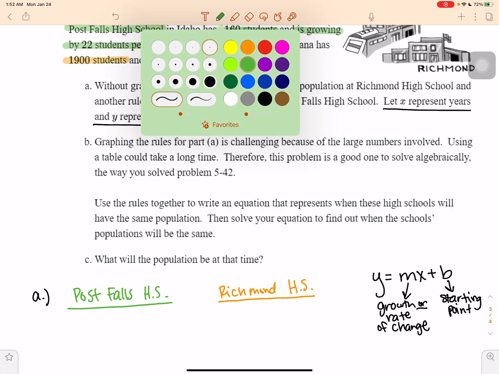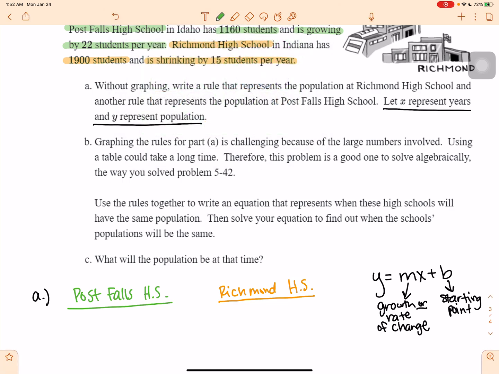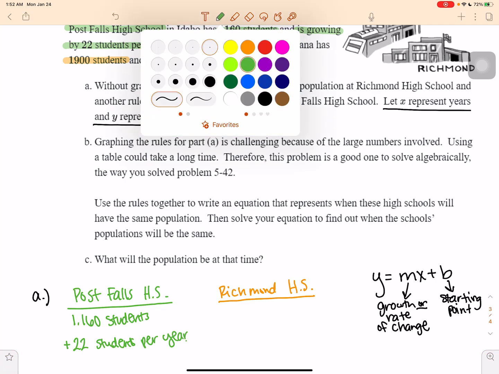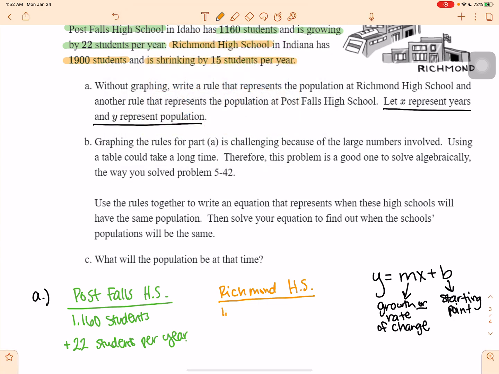So with Post Falls High School, we know that they have 1,160 students. And we're growing by 22 students per year. So plus 22 students per year. Now Richmond High School has 1,900 students and is decreasing by 15 students per year.